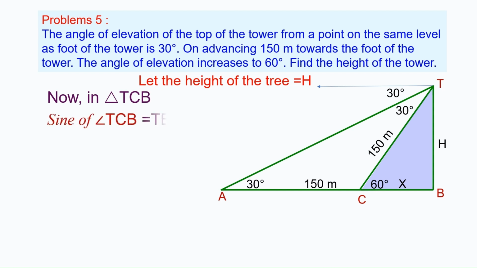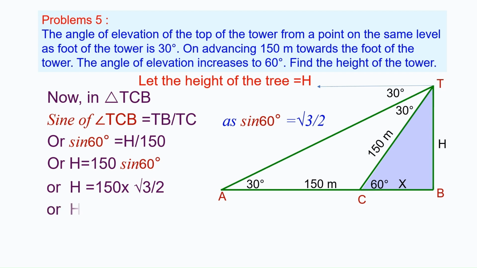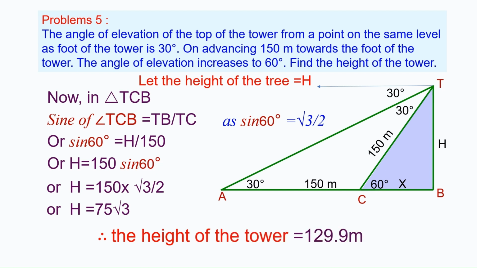Now in the triangle TCB, sine of the angle TCB equals TB divided by TC, or sine of 60 degrees equals h divided by 150, as sine of 60 degrees equals root 3 divided by 2. So h equals 75 root 3. Again we found the same answer: the height of the tower equals 129.9 meters.